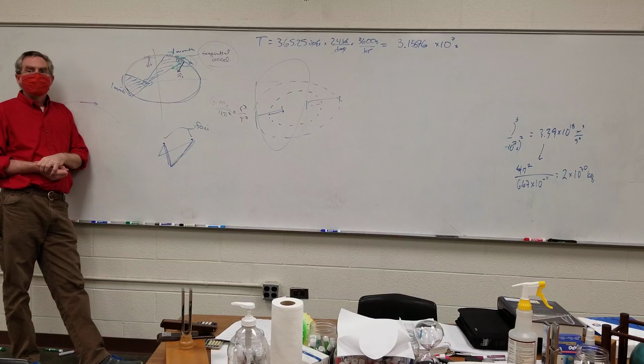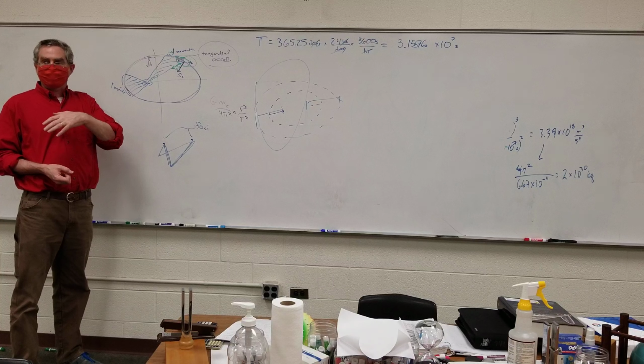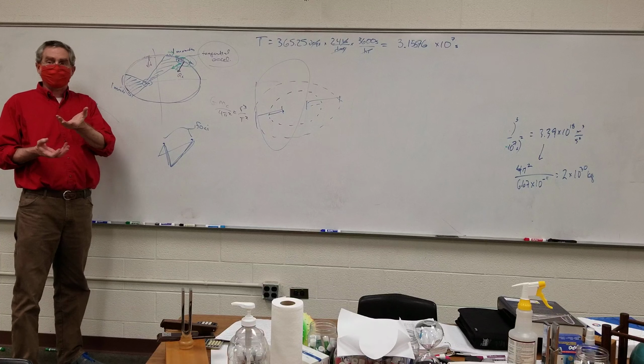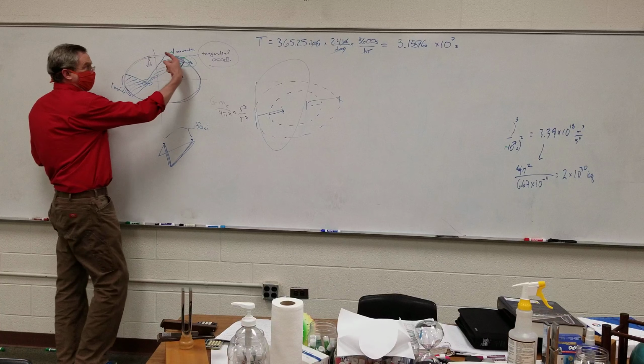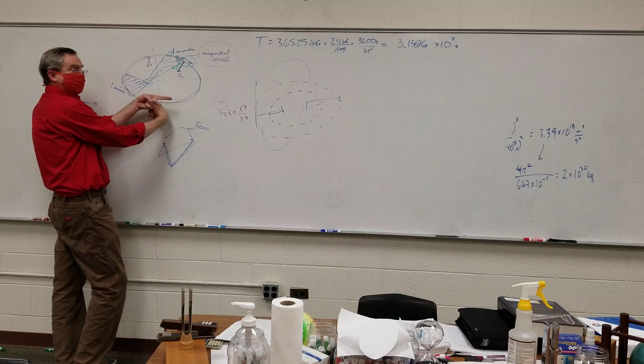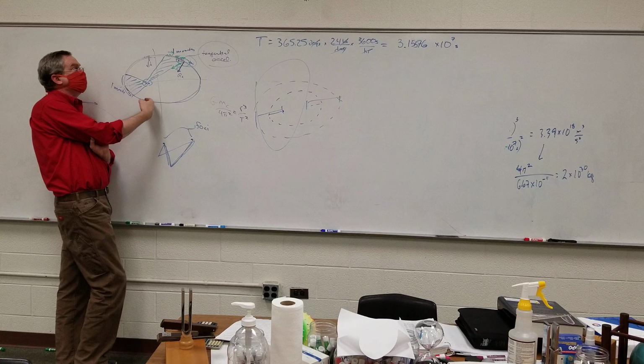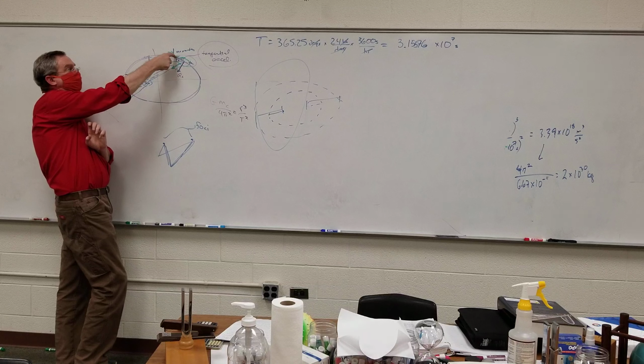Dan, is tangential acceleration going this way or this way? Tangential acceleration is in the direction that's either parallel or anti-parallel to the velocity. At this point, it's going that way. When it gets on this side over here, it's going opposite the velocity. And which one is the velocity? There's a green arrow that's been sort of covered up.